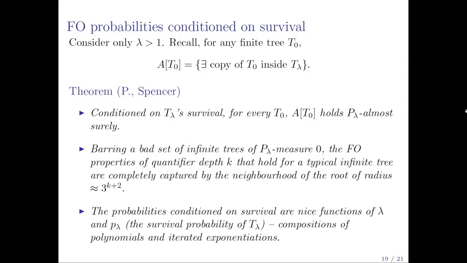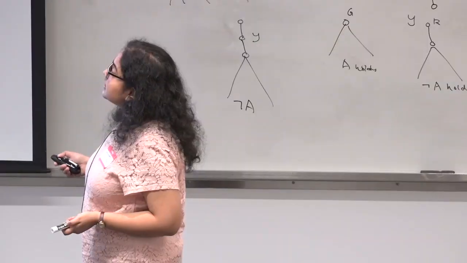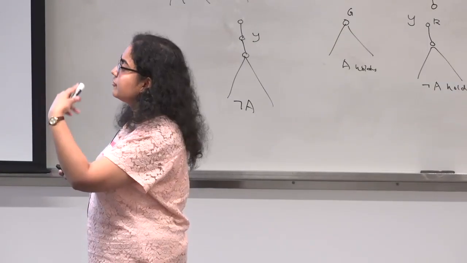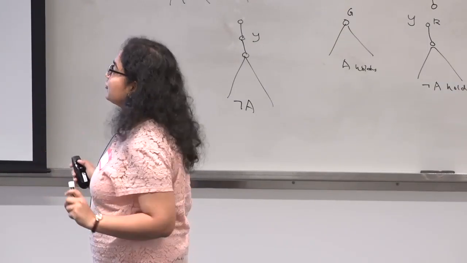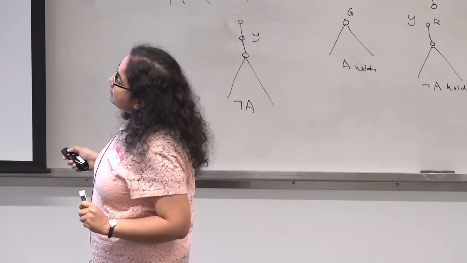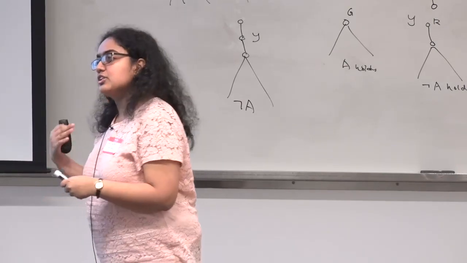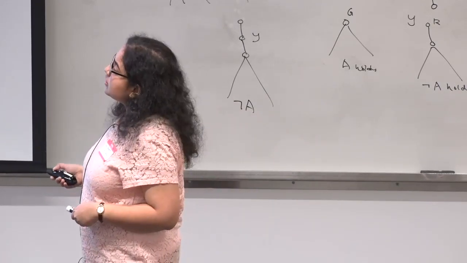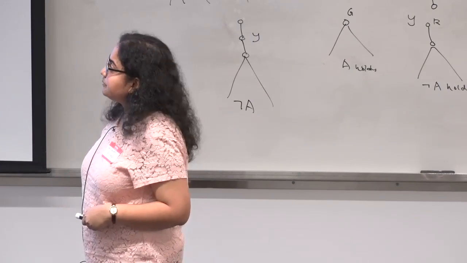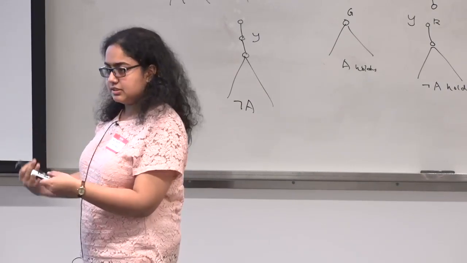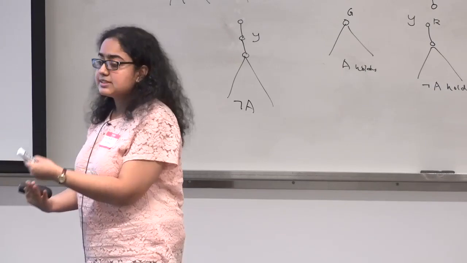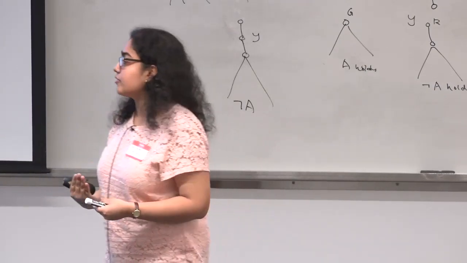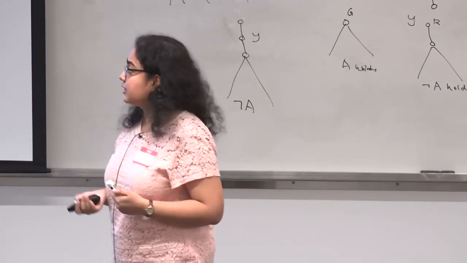This is the second set of results, which is conditioned on survival of the tree. This is a property that I mentioned at the beginning of the talk. Don't have to remember anything. We're just fixing a finite tree T naught, and then we're asking if there is a copy of T naught somewhere inside the tree. Conditioned on the survival of the Galton-Watson tree, we can show that this tree is present somewhere. It could be very deep down, very far from the root, but it is present somewhere almost surely.